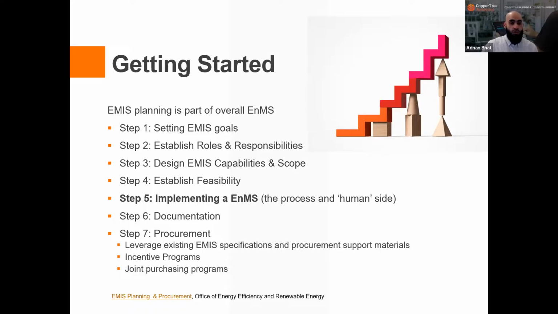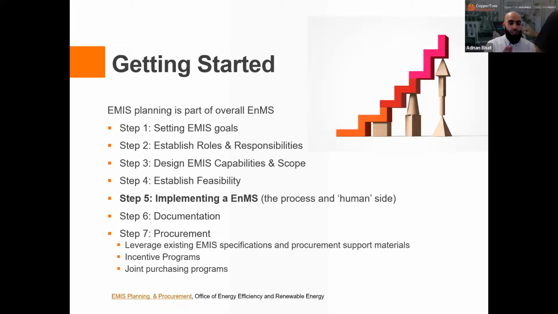Finally, procurement of an EMIS tool. Procurement can be a hectic process. So, at CopperTree Analytics, we try to work with different joint purchasing programs in different states, or different incentive programs offered by utility companies to help organizations and teams procure tools and technology that can help them achieve their sustainability objectives. There are also a lot of existing EMIS specifications and procurement support materials that organizations can leverage.